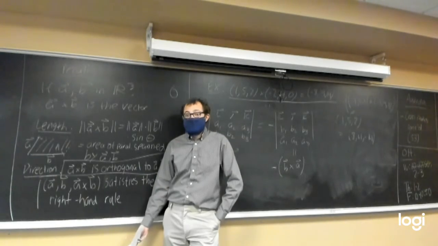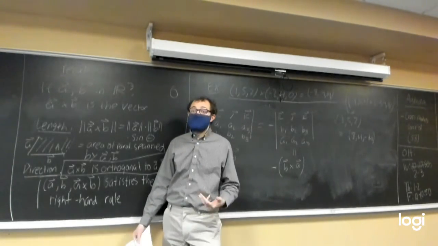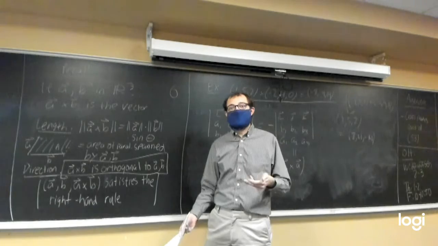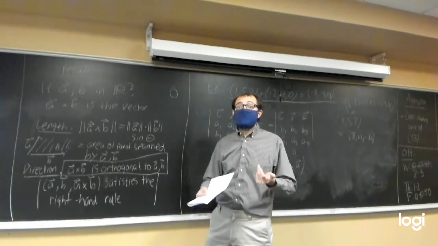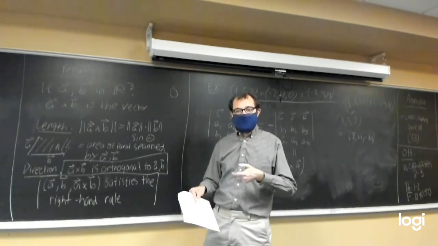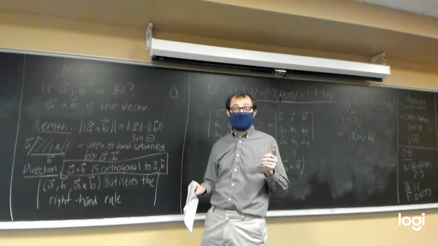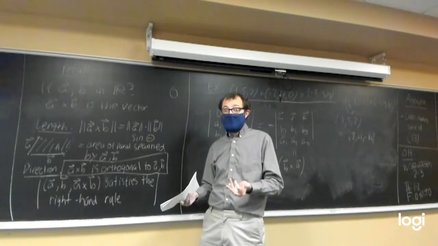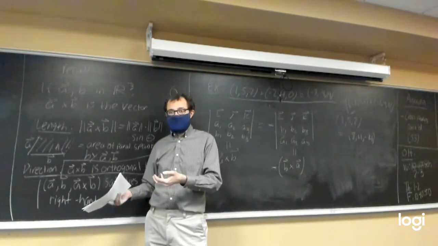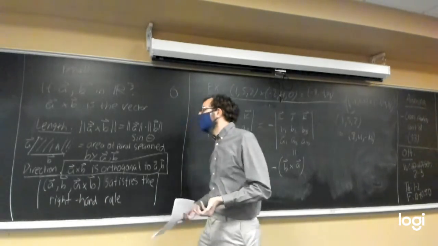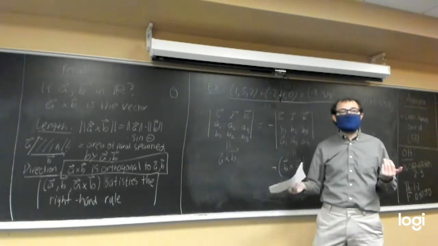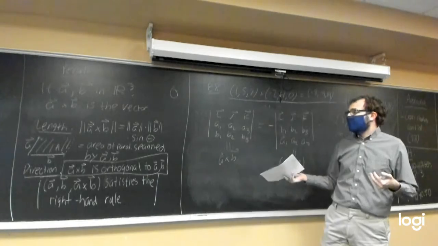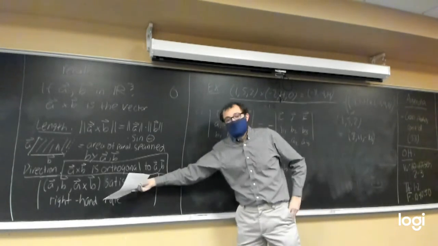Doesn't matter what, just needs to be orthogonal to both of them. In that case, you could take A cross B or B cross A, and either one would suit your purpose, even though they technically would give you two different vectors, because either one would be orthogonal to both the original two vectors.